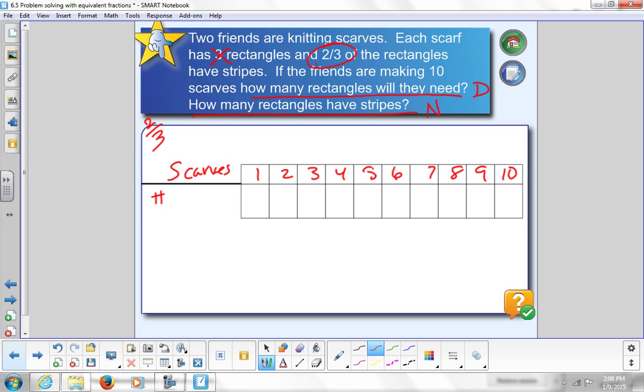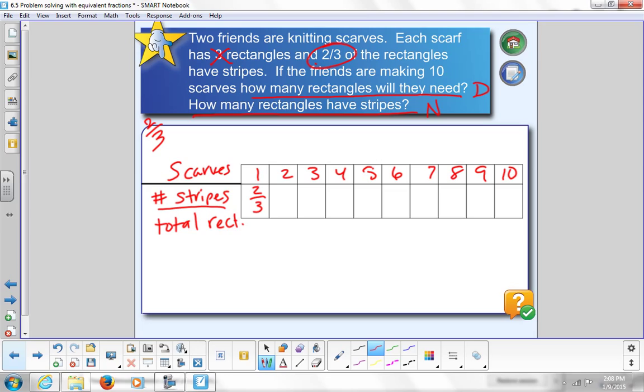So this is my number of stripes. This is my total rectangles.